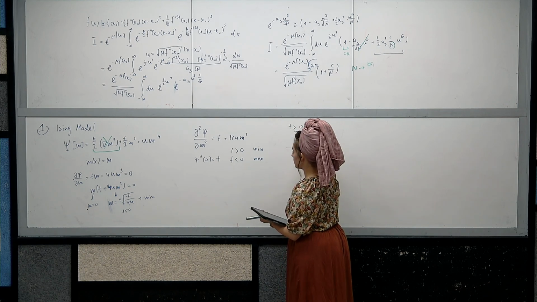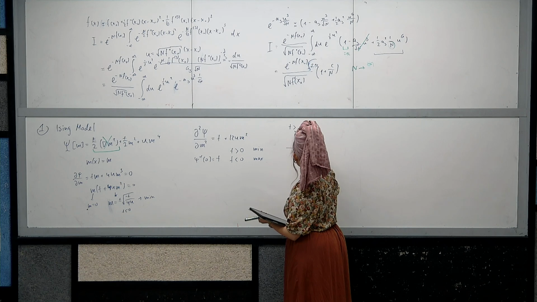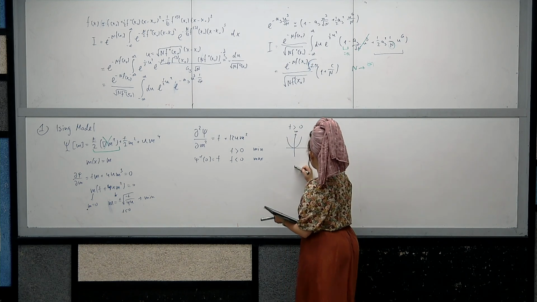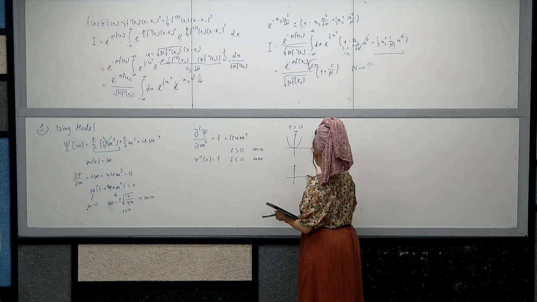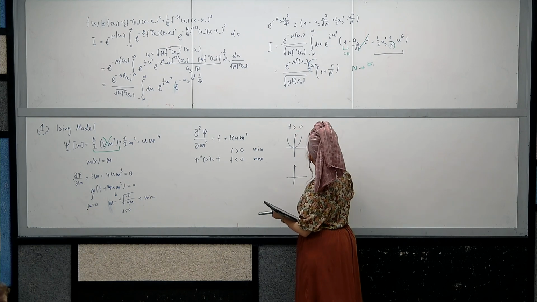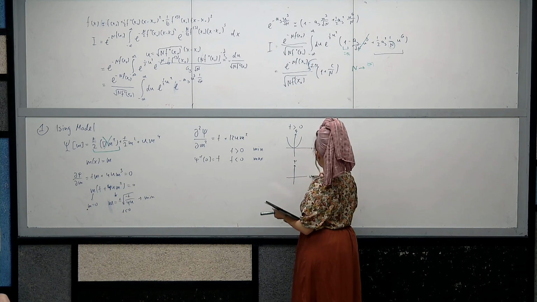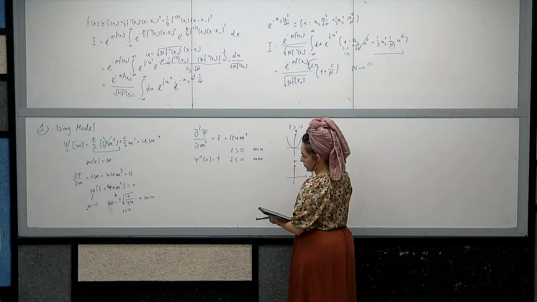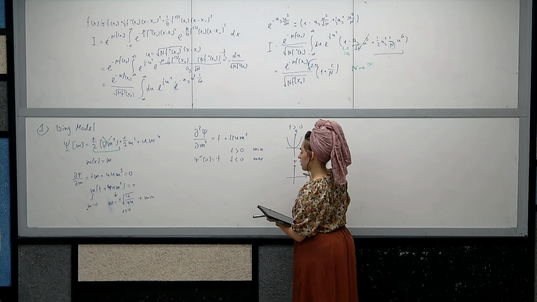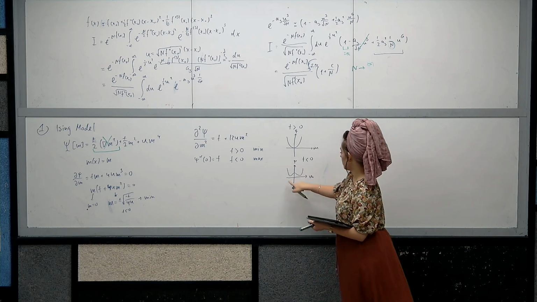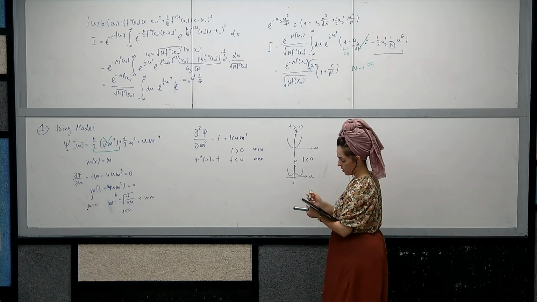For t larger than 0, it would be just one minimum, and in this case, we would have something like this. These are the 2 minima.